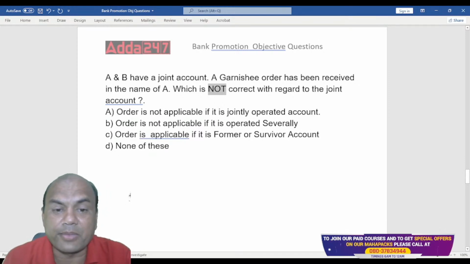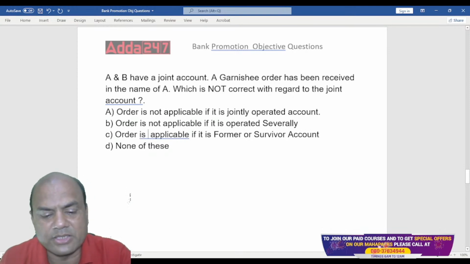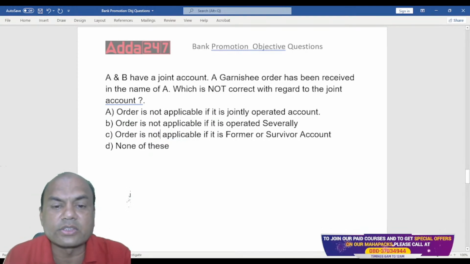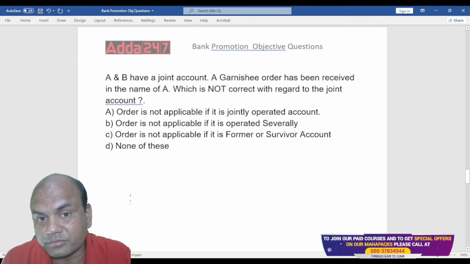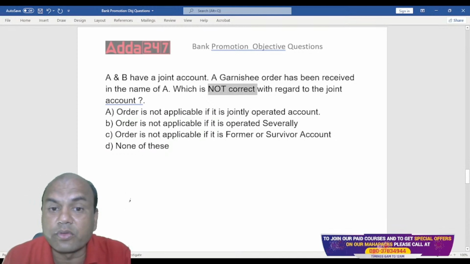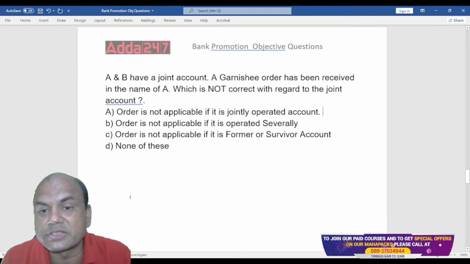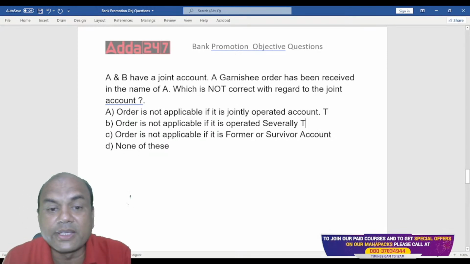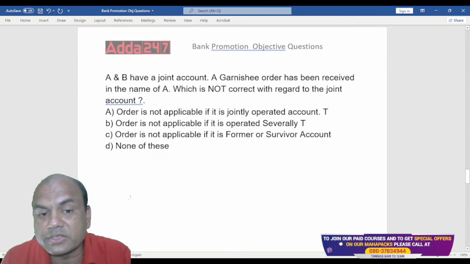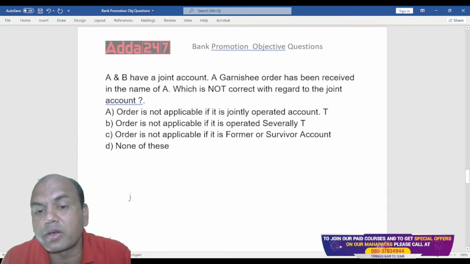Order is not applicable if it is former or survivor account. We wanted the one that is not correct, so we wanted the false one. This is true, this is true. Now is this false? Order is not applicable if it is former or survivor account.